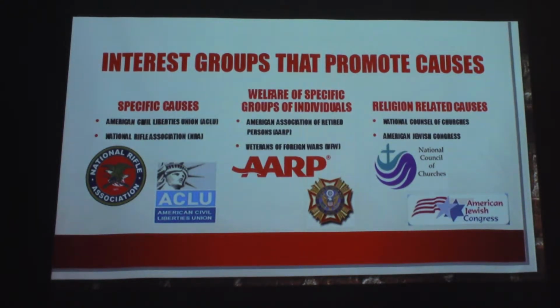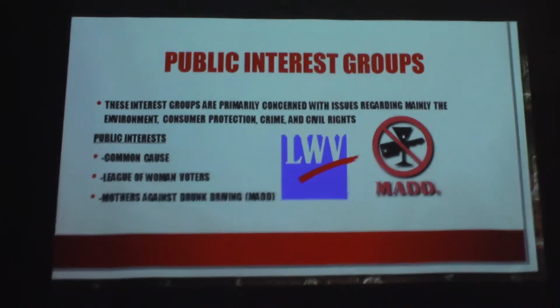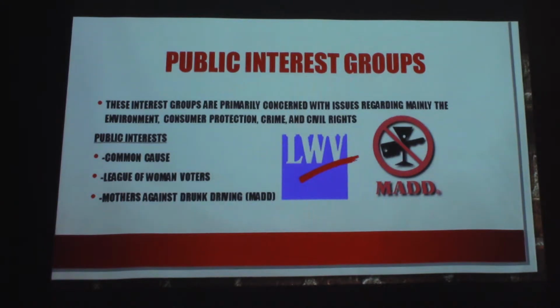Religion-related causes include the National Council of Churches, American Jewish Congress. The public interest groups. These interest groups are primarily concerned with issues regarding mainly the environment, consumer protection, crime, and civil rights. Public interest groups include Common Cause, League of Women Voters, and Mothers Against Drunk Driving.